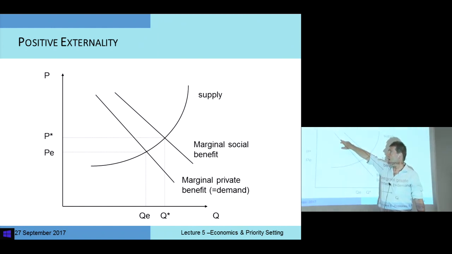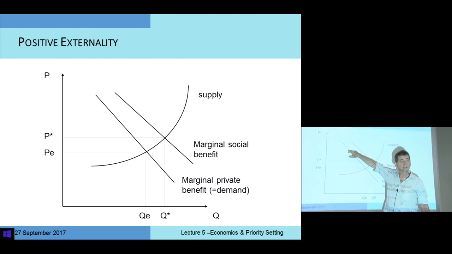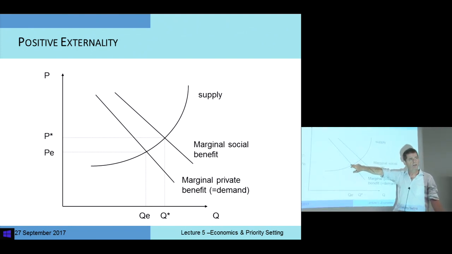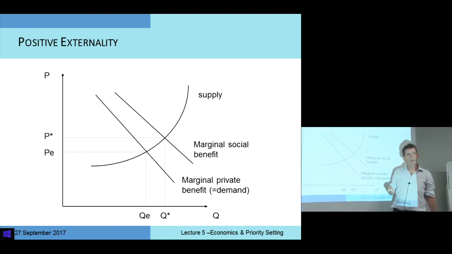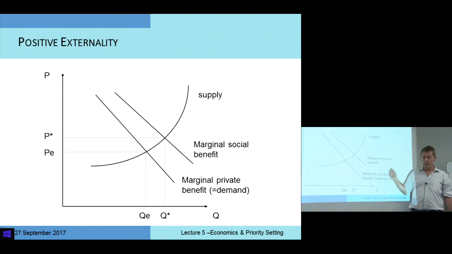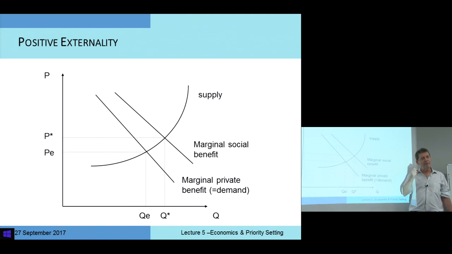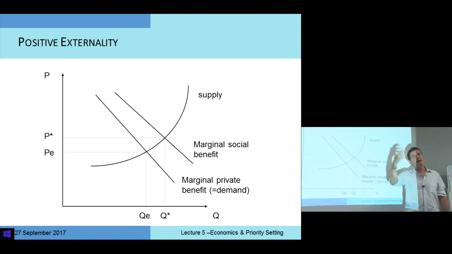Now, if the price was very high, some people would get vaccinated. They would think, yes, this is worth it, I want to protect myself, but not so very many. At lower prices, more people would choose to be vaccinated. But the point here is they're thinking, we argue, of their marginal private benefit. They're thinking of the protection the vaccination gives them. But of course, every time one of us is vaccinated, while we benefit, in principle, we give a benefit to other people.